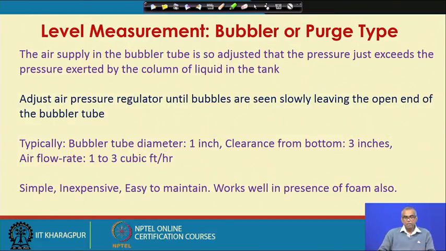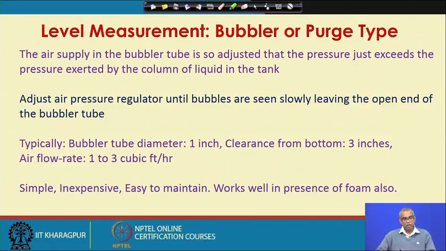So, the air supply in the bubbler tube is adjusted so that the pressure just exceeds the pressure exerted by the column of the liquid in the tank, because when the pressure exerted by the column of the liquid at the free end of the bubbler tube is equal to the pressure of the purge gas, only then will the air or nitrogen bubble escape.